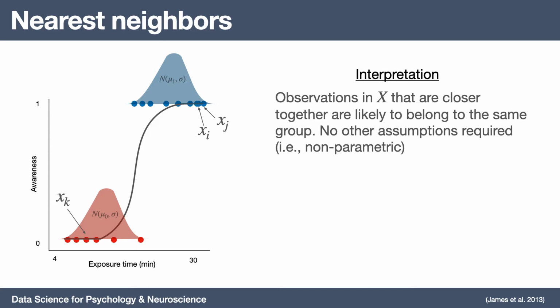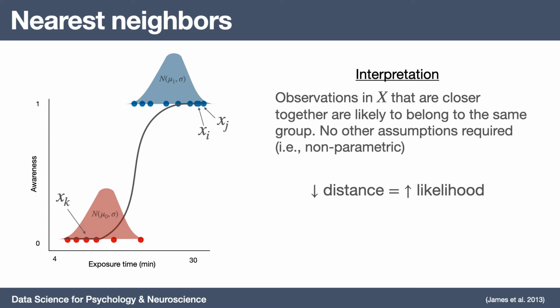No other assumptions are required for k nearest neighbors. That's it. That's the fundamental logic of this approach. The smaller the distance between observations, the increased likelihood that they are pulled from the same distribution, that they come from the same state of y. You have no assumptions of distributional families.